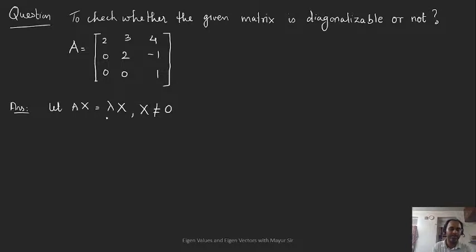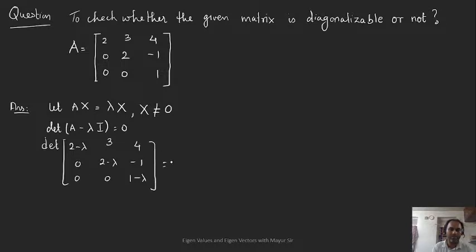So here we will now find the characteristic equation, but in this kind of matrix it's very straightforward. It is determinant of A minus lambda I equals 0. The matrix is a triangular matrix, so when you take the determinant, it is going to be 2 minus lambda, 2 minus lambda, 1 minus lambda, and the entries 3, 4 and minus 1, and 0, 0 and 0, equal to 0.